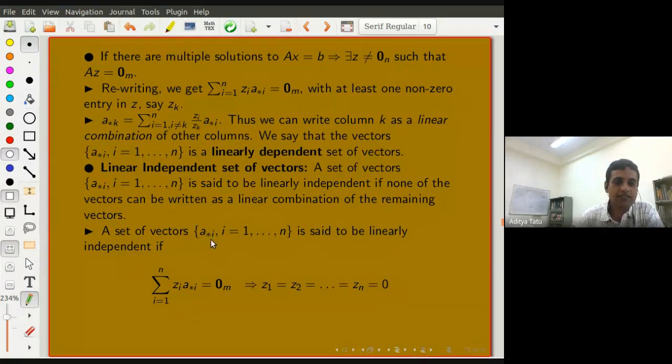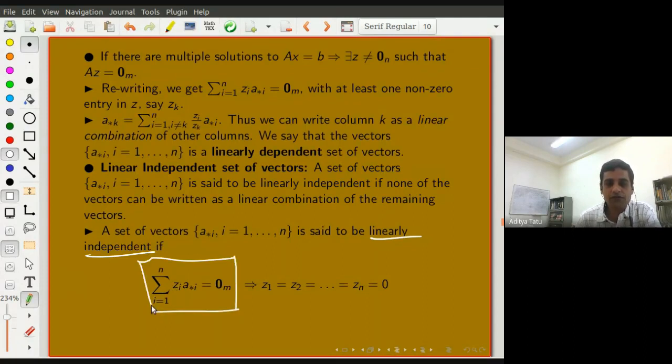A set of vectors a*i, i going from 1 to n, is said to be linearly independent if you can construct a linear combination equal to 0, but the only way to do that is by using only 0 coefficients.